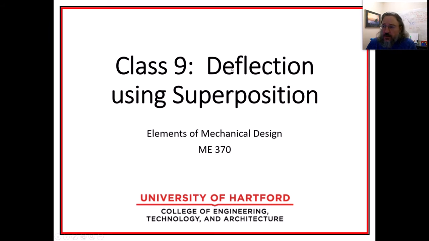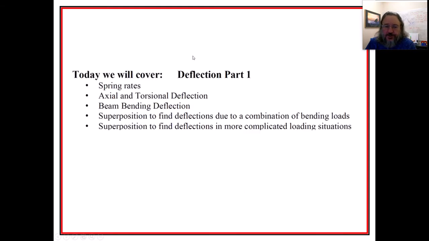So we're introducing Chapter 4 from Shigley, which is the beginning of deflection. Today's topic is superposition, but first I wanted to start out with talking about spring rates and thinking of structural pieces as being springs.